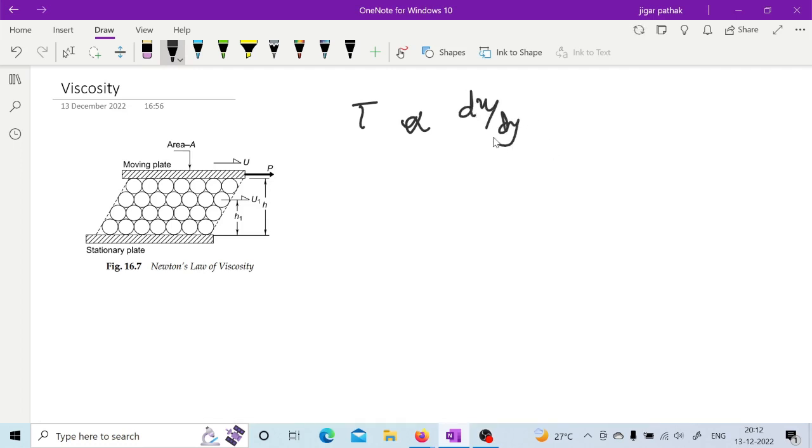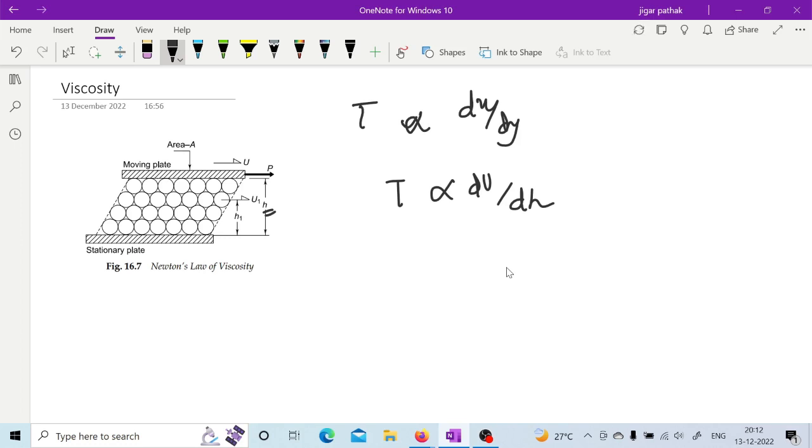Du is the change in velocity with y, which is actually this h. Here you can also consider du by dh instead. From this particular figure, you can consider that this tau, the shear stress, is proportional to du by dh, the change in velocity with respect to the distance from the stationary plate, right.